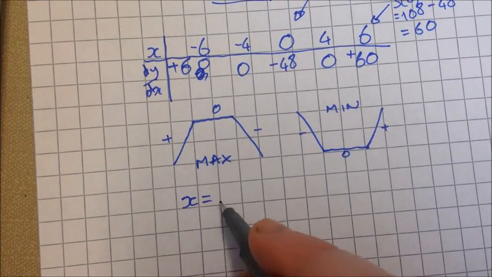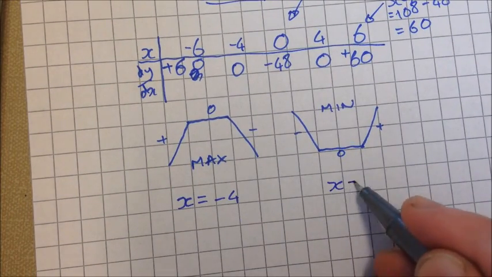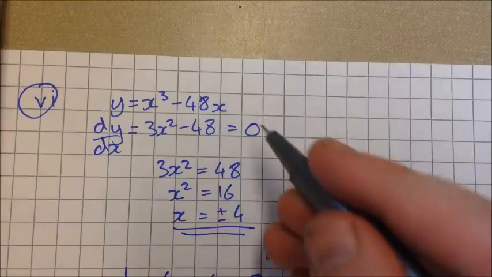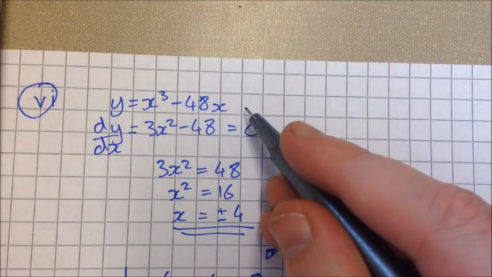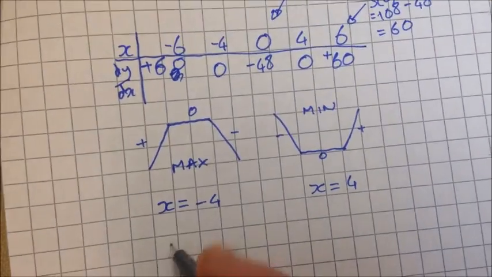For this one, x was equal to -4, and for this one, x was equal to 4. Plug it into our original equation. x cubed, take away 48x.